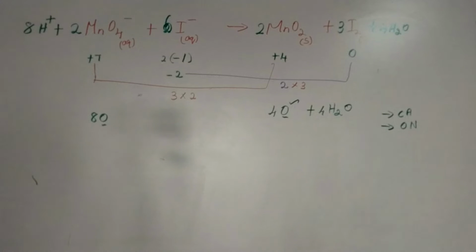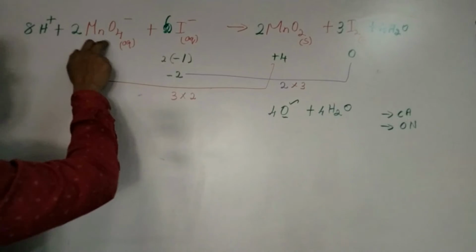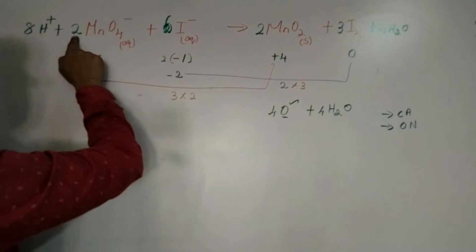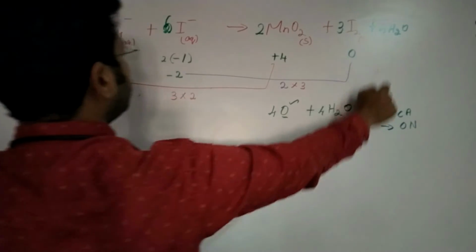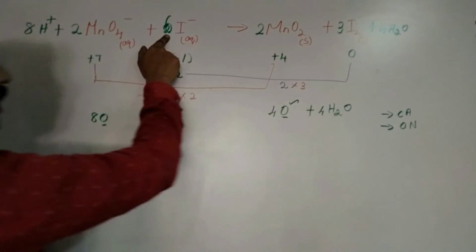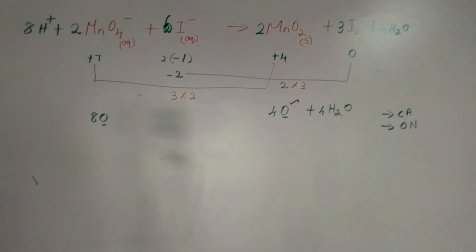Now let us check whether this reaction is balanced or not. Here we are having 8 hydrogen and 8 hydrogen, 2 Mn and 2 Mn, 8 oxygen here and 4 plus 4 oxygen there, and 6 iodine and 6 iodine here also. So now the reaction is completely balanced.